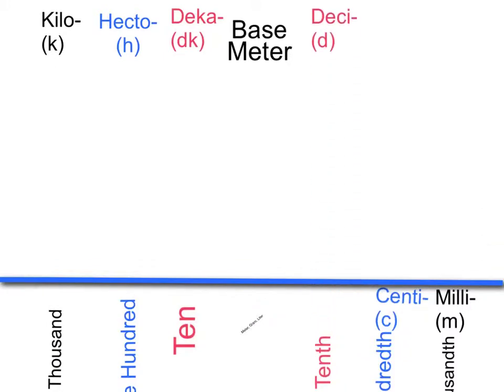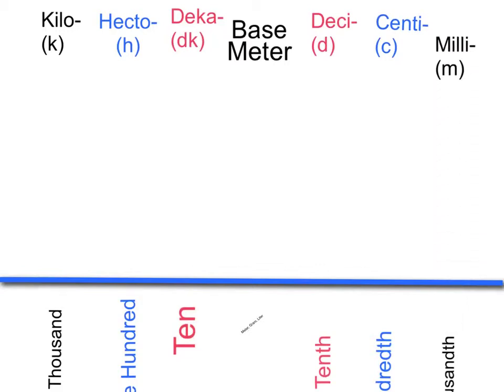Our smaller ones are deci, which is abbreviated with a lowercase d, centi, which is abbreviated with a lowercase c, and milli, which is abbreviated with a lowercase m. Now, 2 things that you're going to watch out for are, first, this deca and deci. Notice the difference between the abbreviations in the 2 of these. The last thing you want to look out for is this lowercase m in milli.